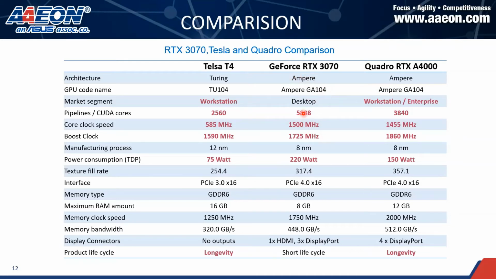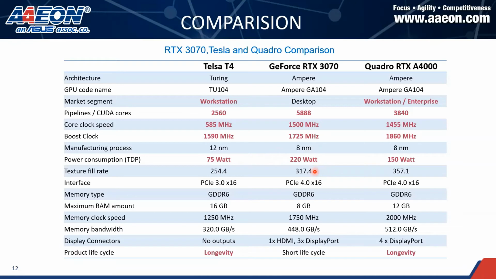But the Tesla or RTX A4000 is more for workstation, so it can be supplied longer than desktop grade. For power consumption, Tesla T4 is lower. The 3070 needs like 220 watts, which is more.